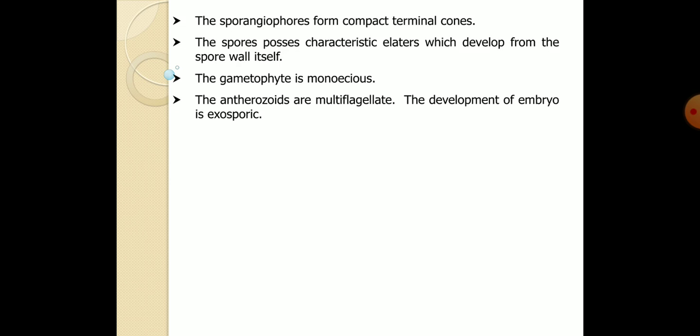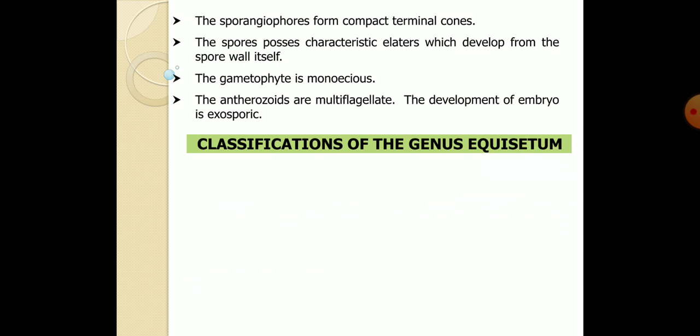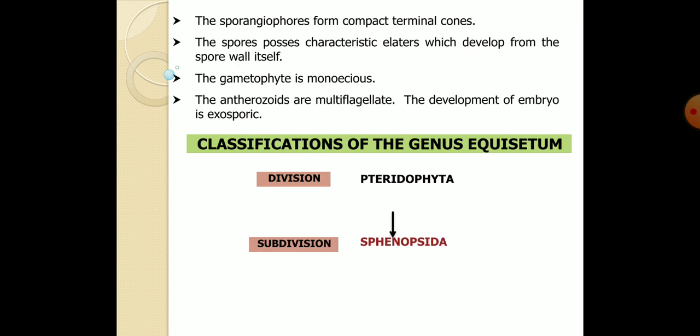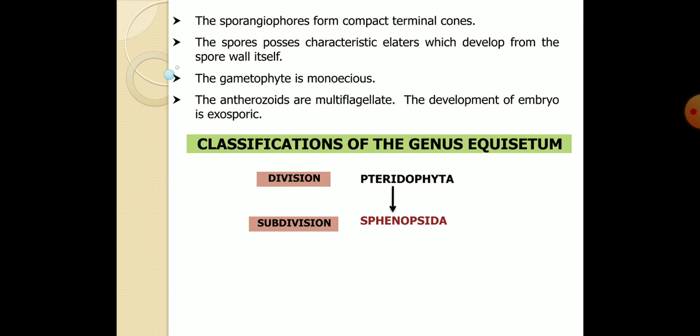The gametophyte is monoecious, the antherozoids are multiflagellated, and the development of the embryo is exosporic.